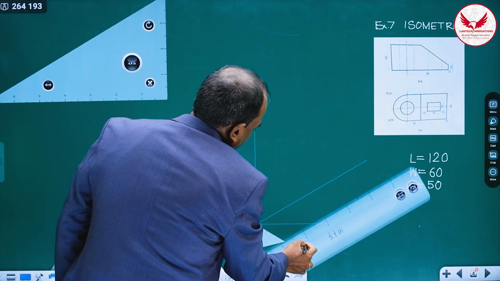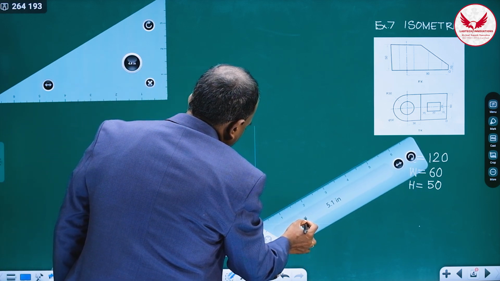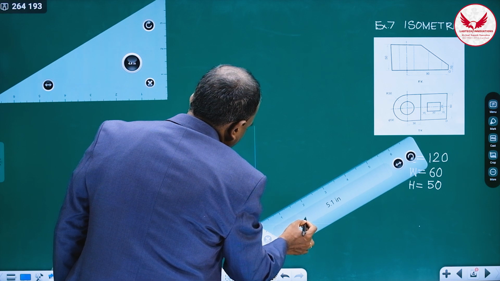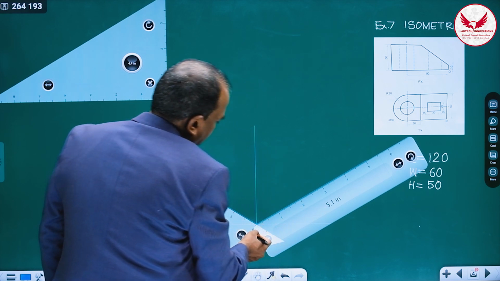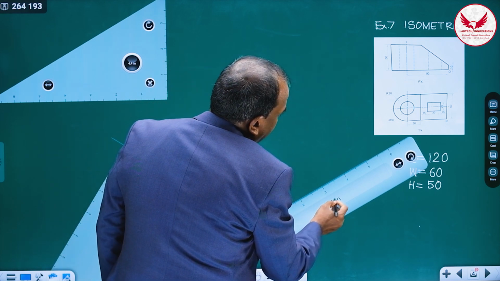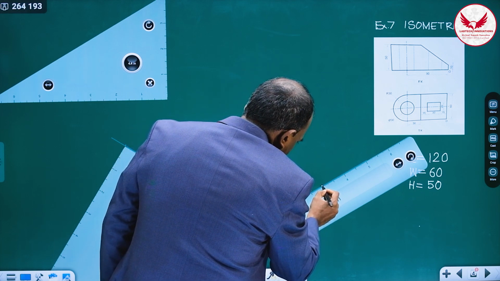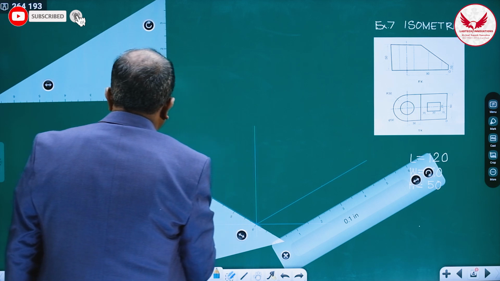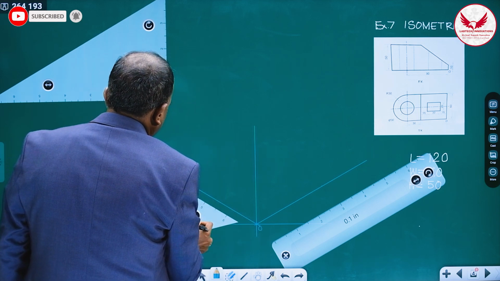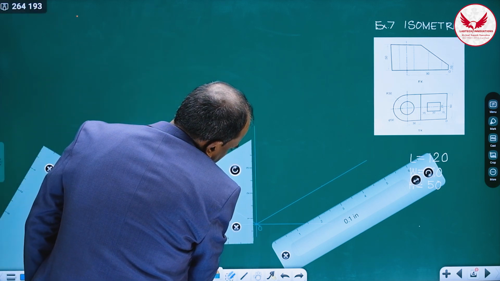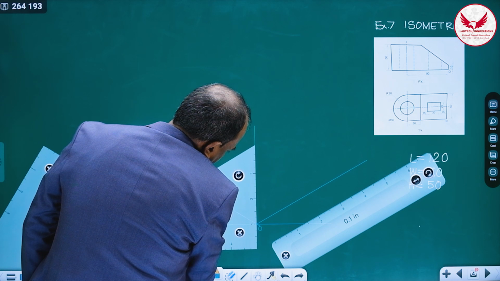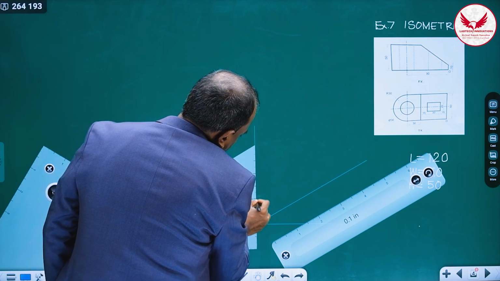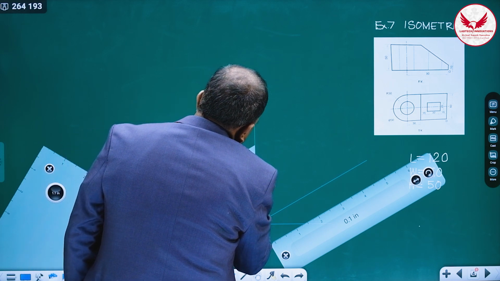Then the width, because the origin is on the right hand side, the width will be towards the right, so it is 60, and the height is going to be 50, so we can mark from this 10, 20, 30, 40.